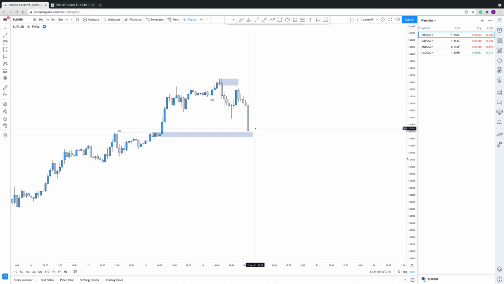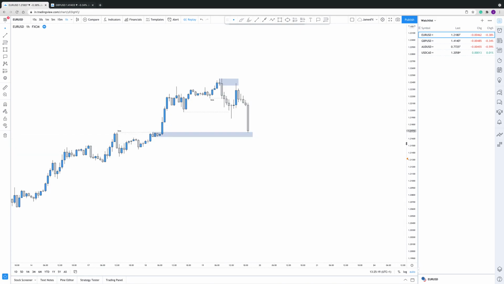So what we could do on a lower time frame is wait for price to slow down, show us that it actually wants to respect this area and go long from here, potentially back up to these highs. But if we get another candle, something like this, that just completely destroys this demand level, then it hasn't held. So we can just deny it and move on and look for bearish structure and look to get short.